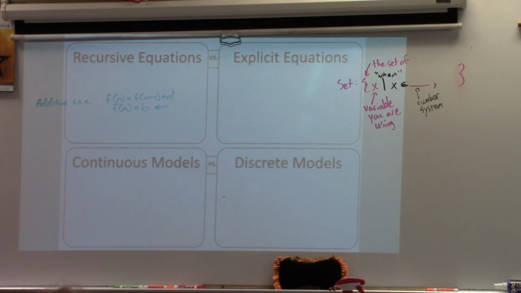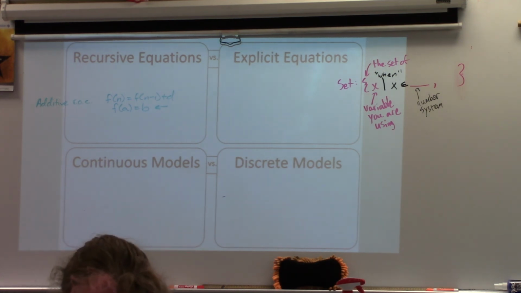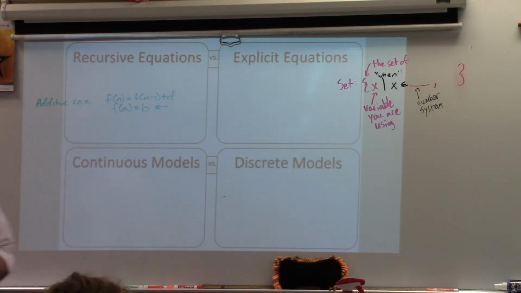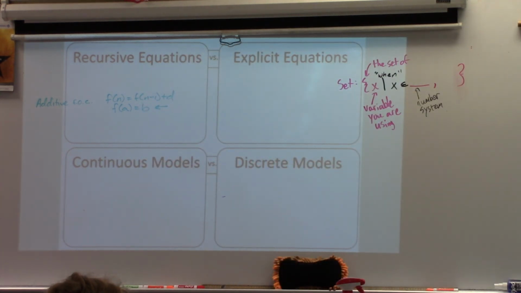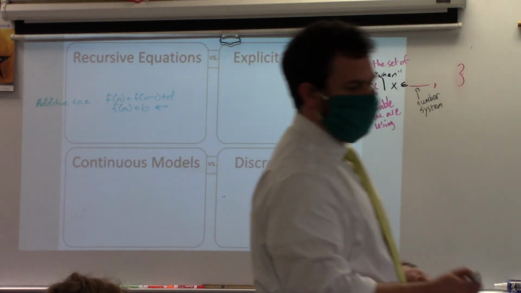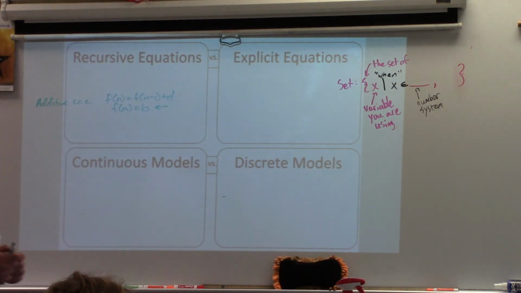It was on the first page, on the back. We worked on it yesterday. So we're looking at those recursive equations and the explicit equations. With an additive rate of change, this is always how it's going to be set up. But what is this f of a equals b defining?